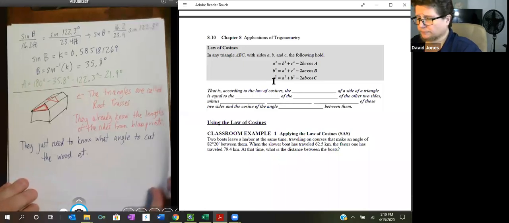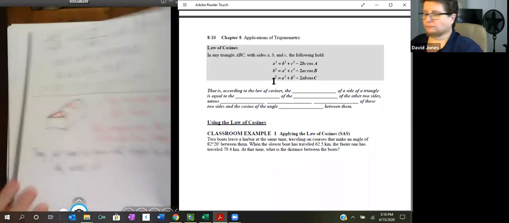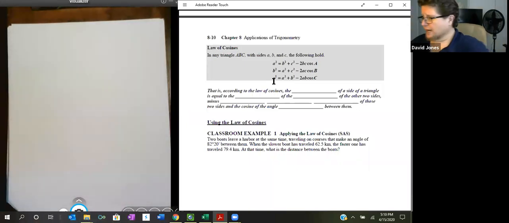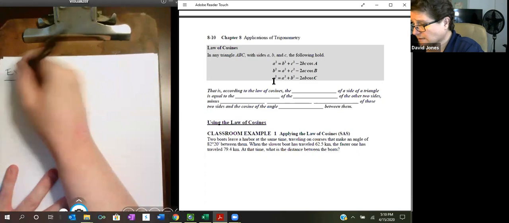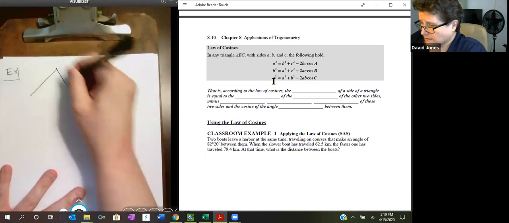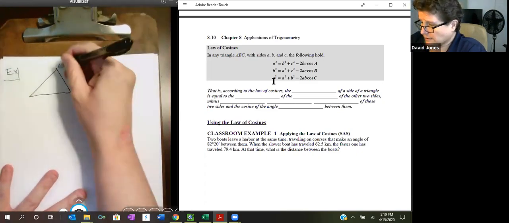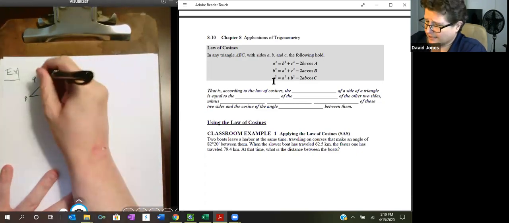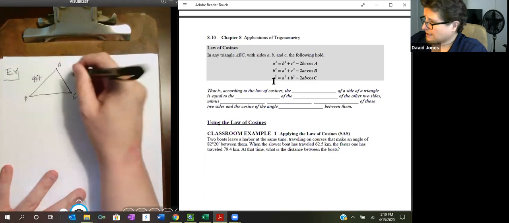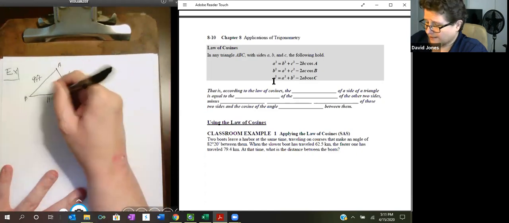Quick example. I'll do the side profile now rather than trying to draw a 3D. And this will be 9 feet, 6 feet, and the bottom's 11 feet.